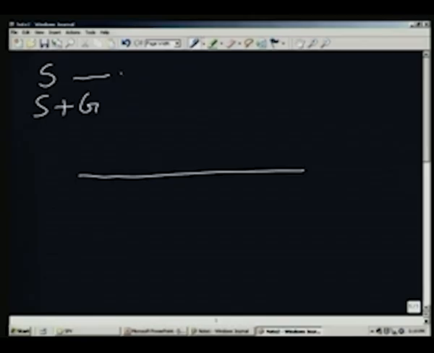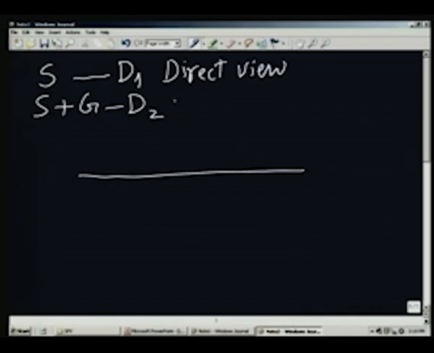Suppose I have a detector D1 for this, a detector D2 for this. That means I am able to look at the source directly, and I am also able to look at the source through the gas. So, this is direct view, and this is through gas. I will explain how it can be done in a simple way.